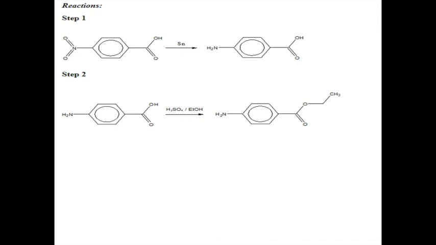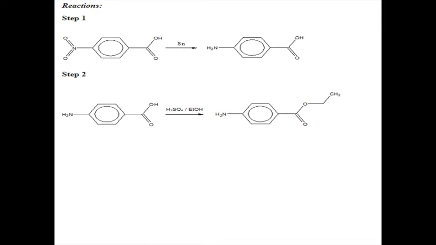You can see on the left-hand side para-nitrobenzoic acid, which is converted into PABA in the presence of tin and hydrochloric acid. In step number 2, PABA is further converted into benzocaine, also known as ethyl para-aminobenzoate, in the presence of ethanol and sulfuric acid.